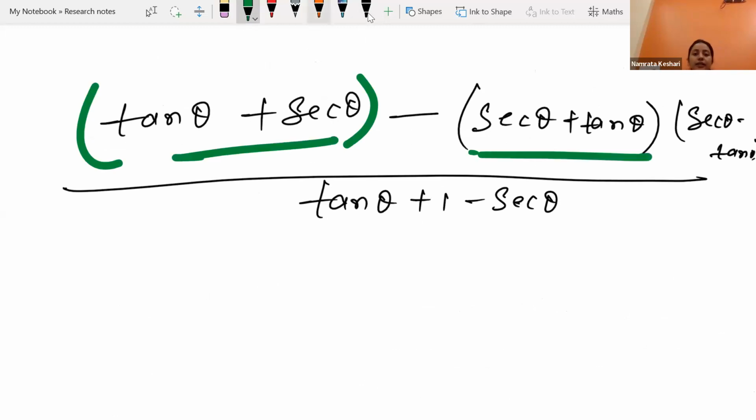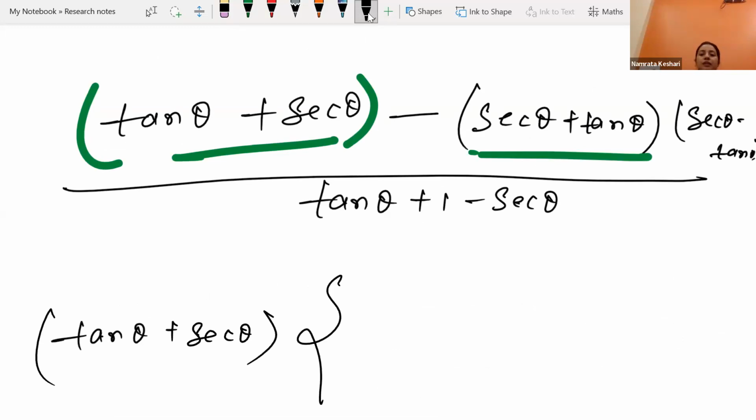So let's take it out. Tan theta plus sec theta is the common factor. What are we left with? We are left with 1, minus, and that bracket sec theta minus tan theta.